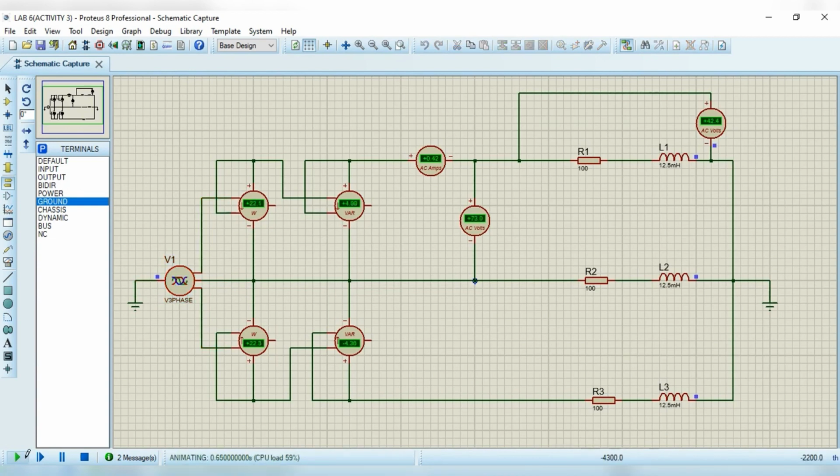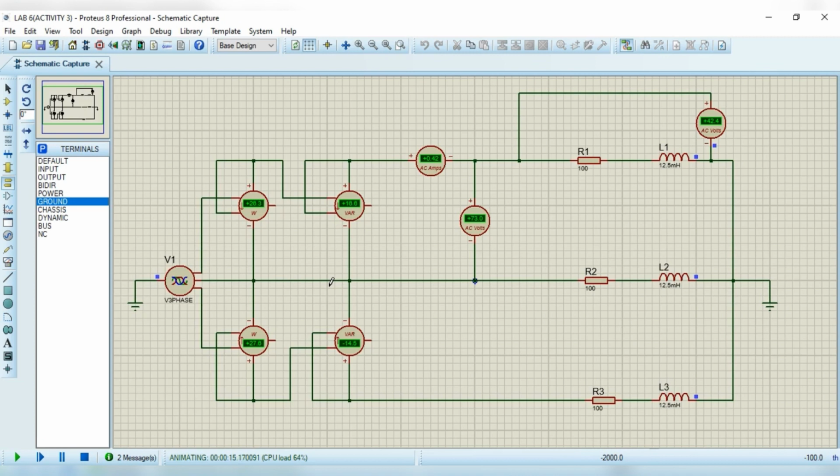Then we get the AC volt is 74.1, and here we get 42.5, and the current for this circuit is 0.42. For the power, 26.4 plus 27.5, we got 53.9, and for the VAR, 16.6 plus negative 14.5, we get 2.1.